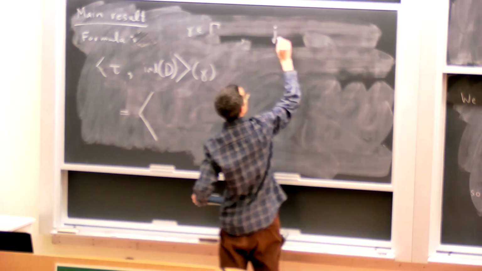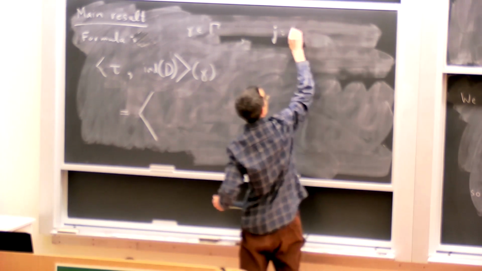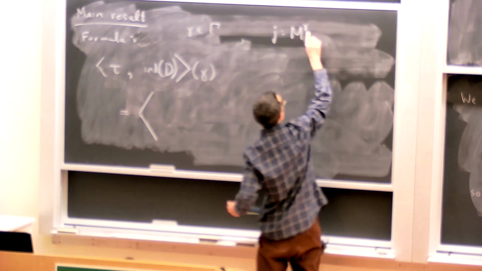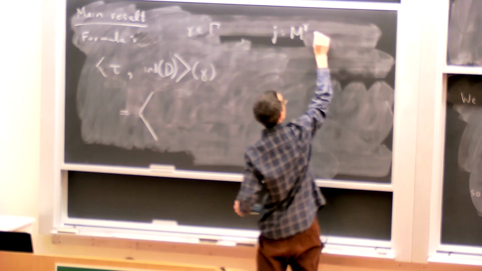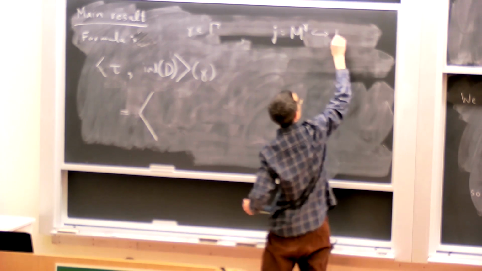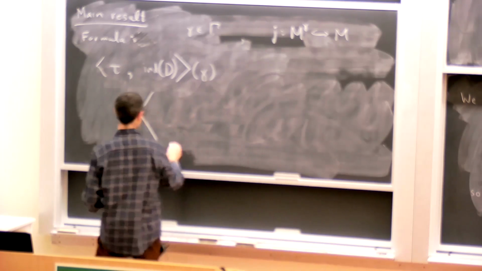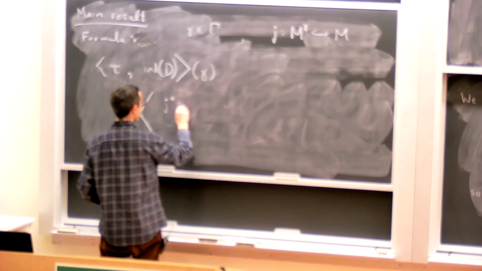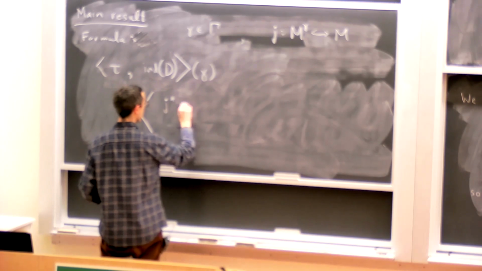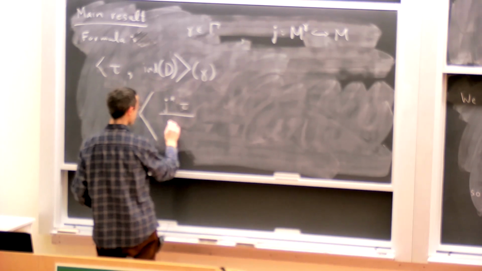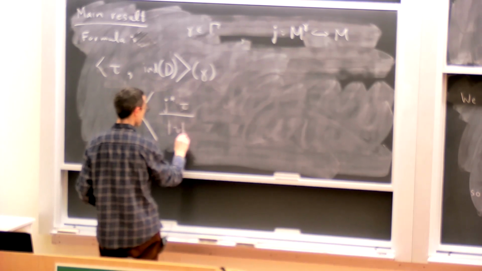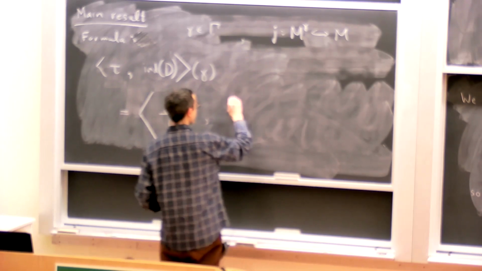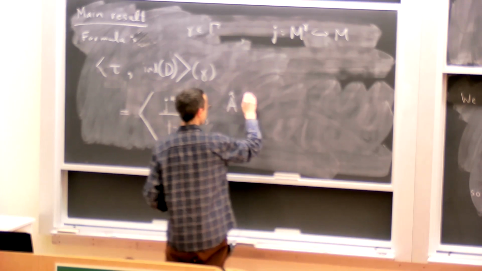Okay, I'll talk about this in a second. I have what you might call the fixed point subset of M under this element gamma. It embeds inside the unit space M. So this embedding is going to appear in the formula. So you pull back tau to the fixed point set. You have to divide by something, and then you have some characteristic classes.